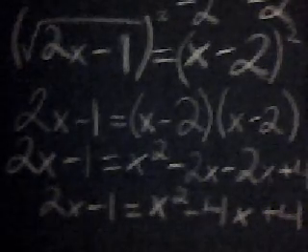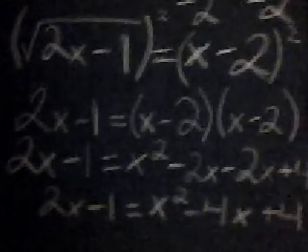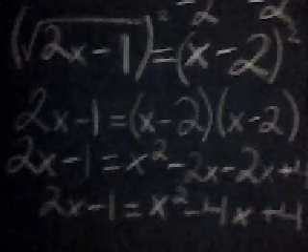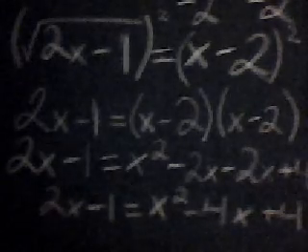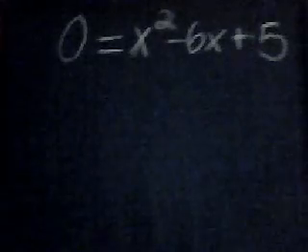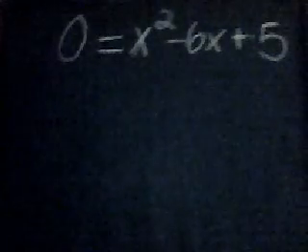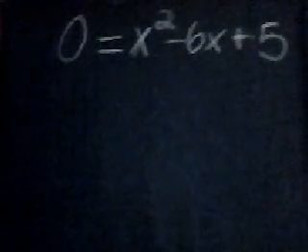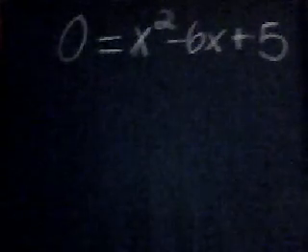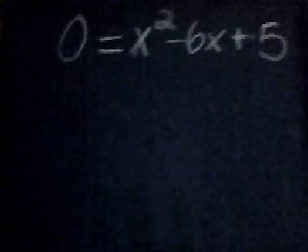Now you must set it equal to 0, which means you subtract the 2x and add the 1. After we set it equal to 0, it gives us 0 equals x squared minus 6x plus 5.